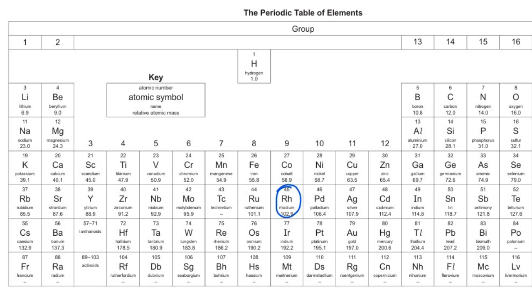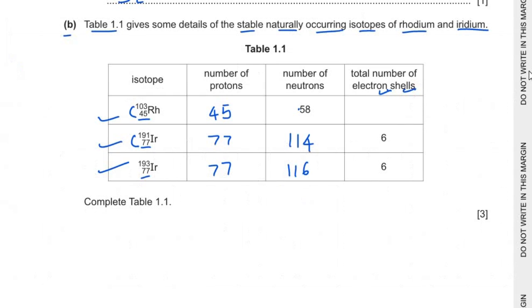Now if we want to count the number of total shells, the shell is the principal quantum number. So we can see here period 1, period 2, period 3, period 4 and period 5. So if it has 5 periods, it should have a total of 5 shells. So rhodium has a total of 5 electronic shells. Yes, so let's write that here.